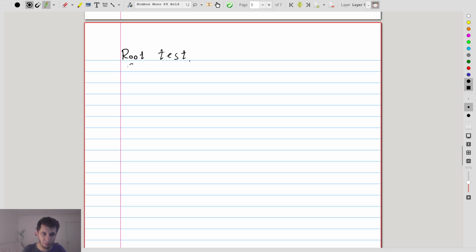So first, let's say we are given a series, sum of a_k. And we would like to consider the following three possibilities. First one is that the limit as k goes to infinity of the kth root of the absolute value of a_k is equal to a finite number L, which is less than 1.